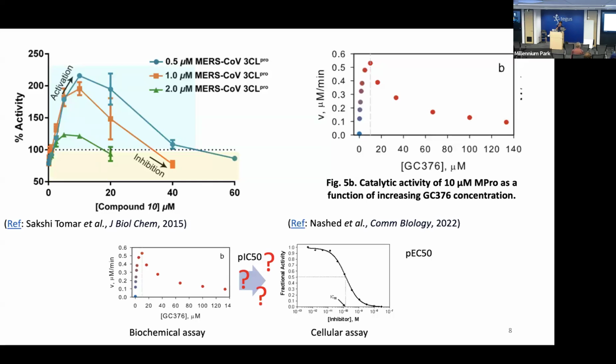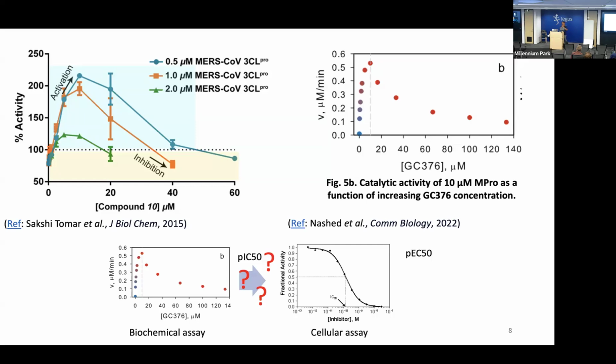What people have observed with MERS coronavirus biochemical assays is this, and that's why this consortium got into contact with me, because they didn't know what to do with data that looked like this. Because usually you add a little bit of inhibitor, it causes the enzyme to stop working as well.